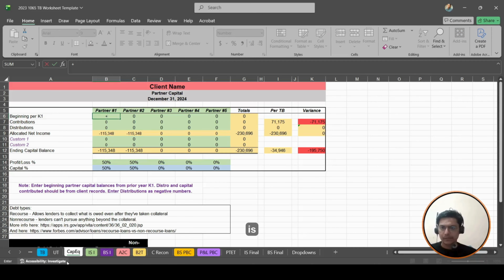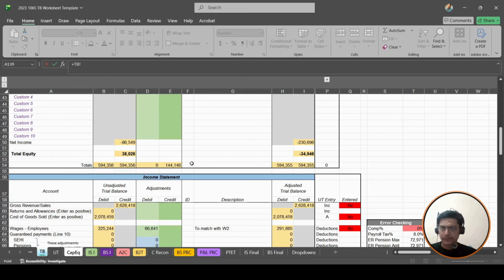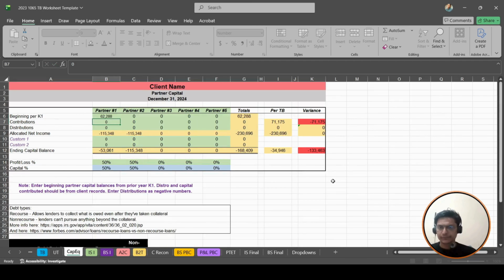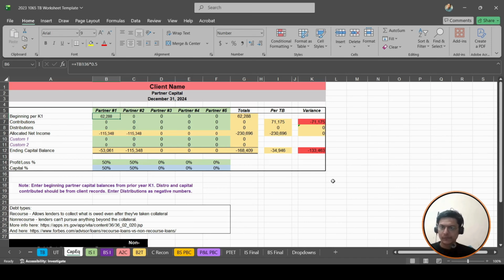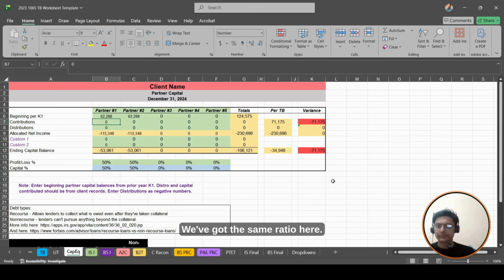So our beginning capital is 124,575, and this is the 50 percentage 624. Same with partner 2, we have to alter the formula. We got the same ratio here.